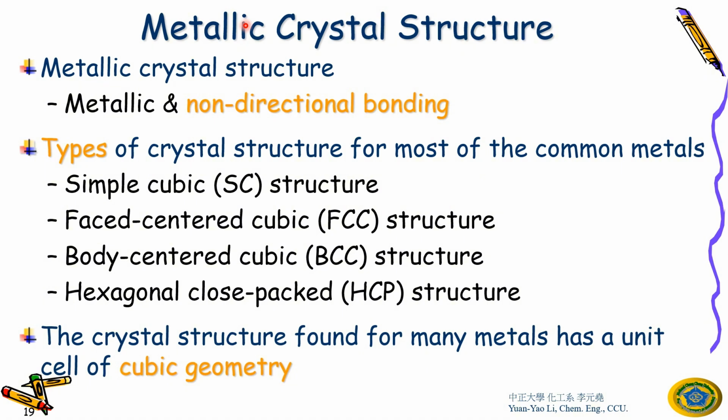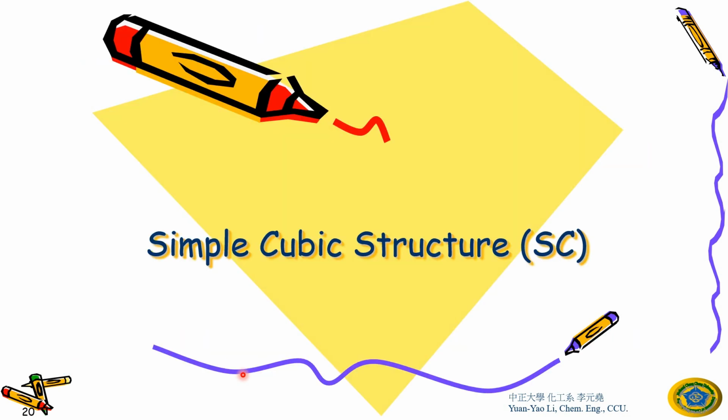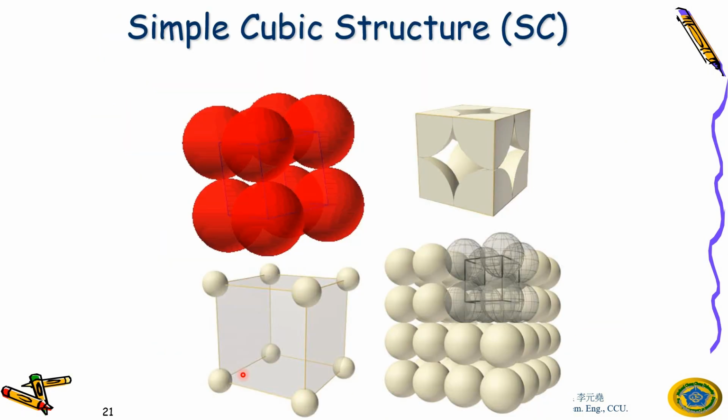Okay, so for this case, normally we talk about cubic geometry. Cubic means what? The length of the x-axis is equal to the length of the y-axis is equal to the length of the z-axis. Right? That's why we call it cubic geometry. Right. First one, simple cubic structure, SC. So what is simple cubic? If you have 8 corners in your cubic cell, in the cube, right?